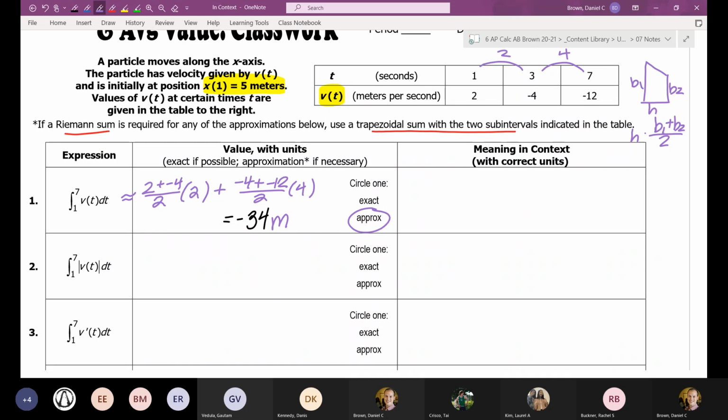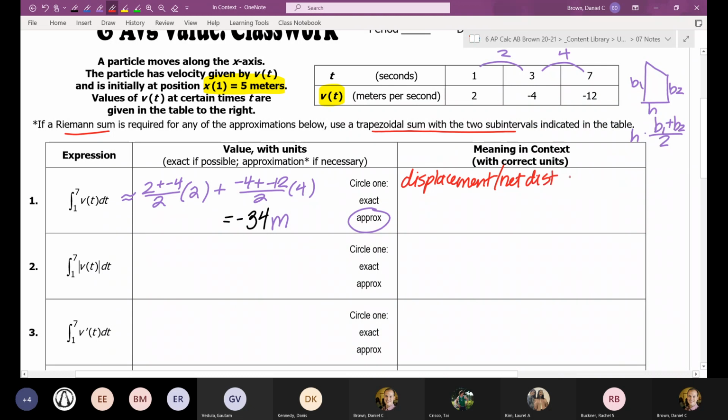Like your quiz had a lot of just set it up and then find the number. There were a few where I had to either identify it in context or explain it in context. Anyone want to take a stab at what that integral would represent in the context of this problem? If you integrate the velocity from 1 to 7, what would that represent? The displacement. So you can either say this represents the displacement, or you could call that the net distance.